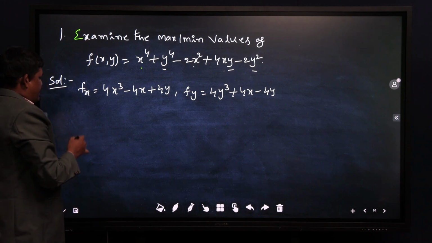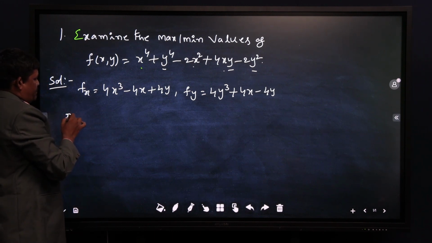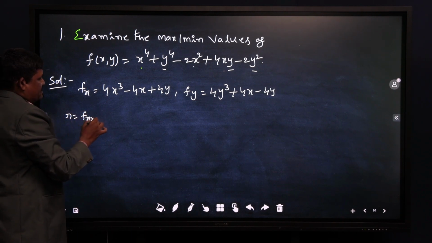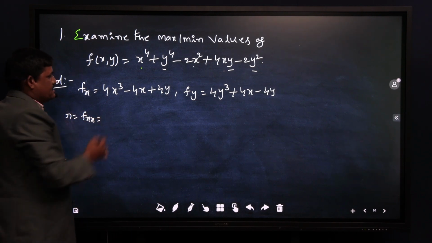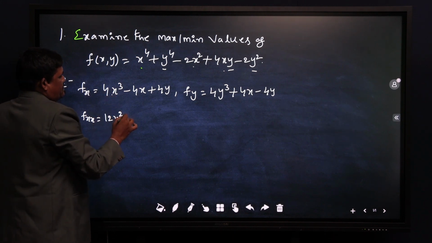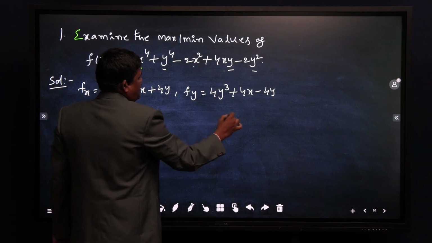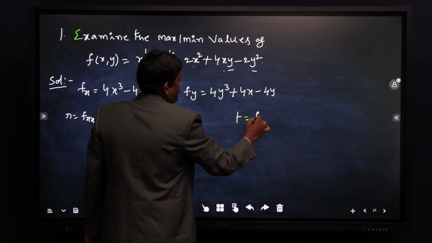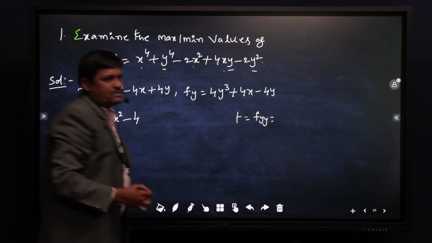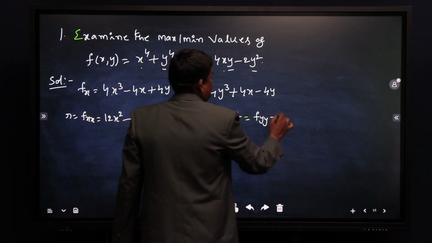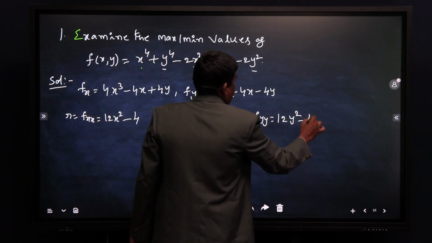Directly you find here only second partial derivatives also. r is equal to f double x, one more time with respect to x: 12x square minus 4. And t is equal to f double y, one more time with respect to y, you will get 12y square minus 4.